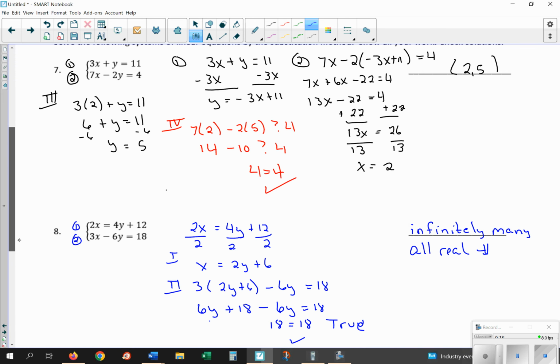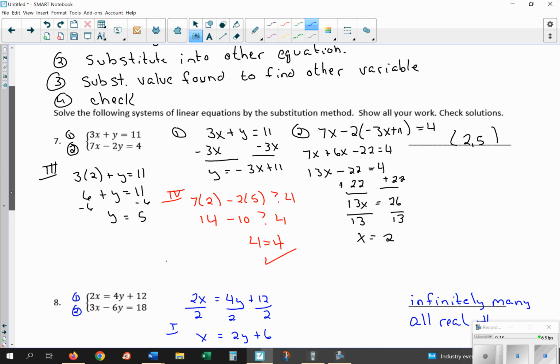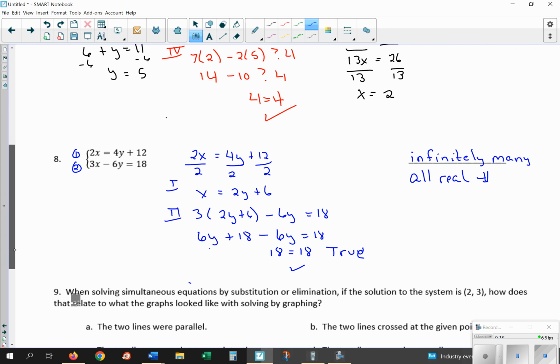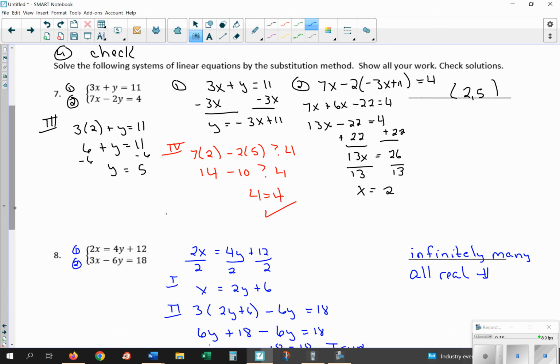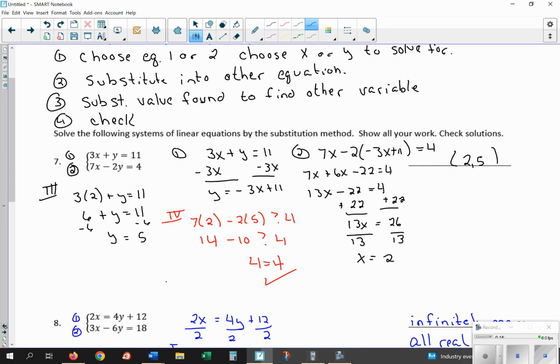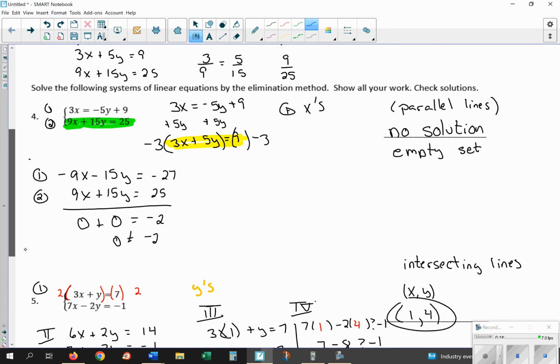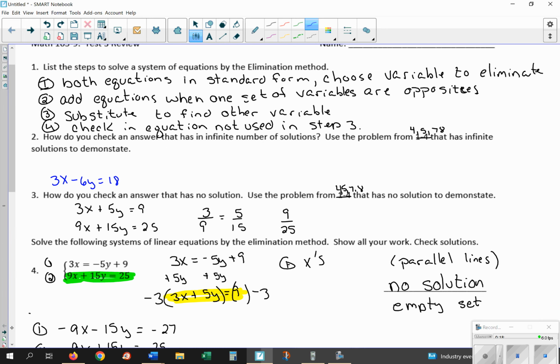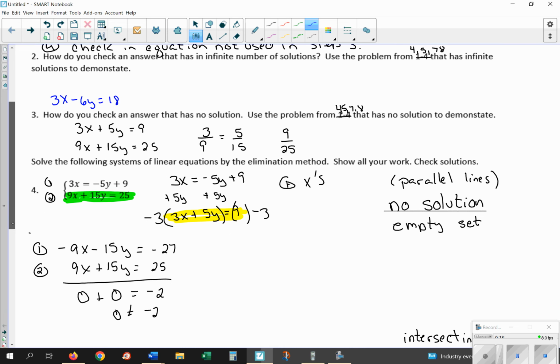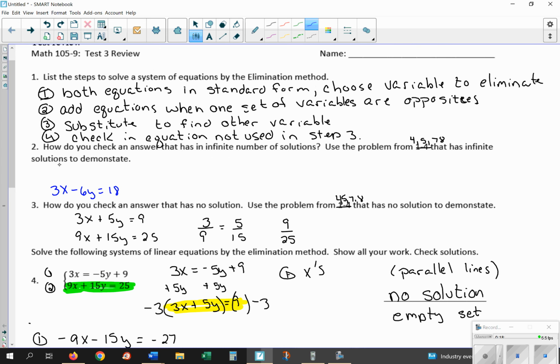And 2x, so I never did, okay, 2x equals 4y plus 12. All right, so it needs to be in standard form. So we're going to subtract that 4y over.